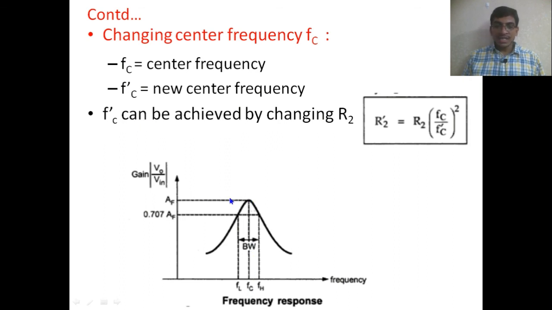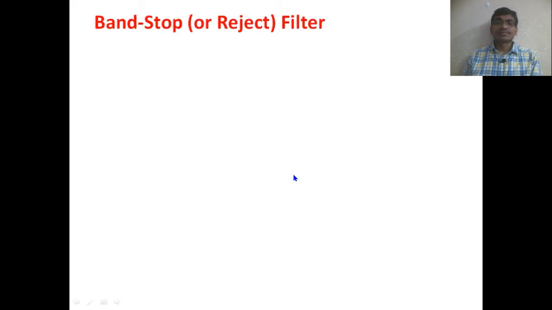At Fc, the gain is maximum, which is AF, and at the frequencies FL and FH, the lower cutoff frequency and higher cutoff frequency, the gain will be equal to 0.707 into AF, which is minus 3 dB less than the maximum gain. So here, only Fc will be allowed, and at Fc we will get the maximum gain AF.